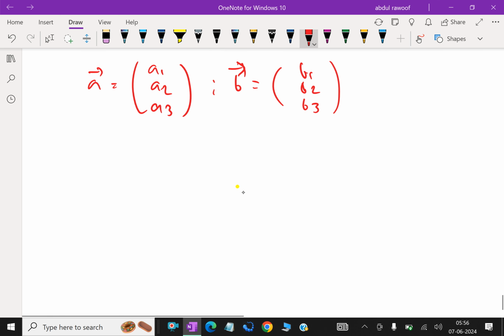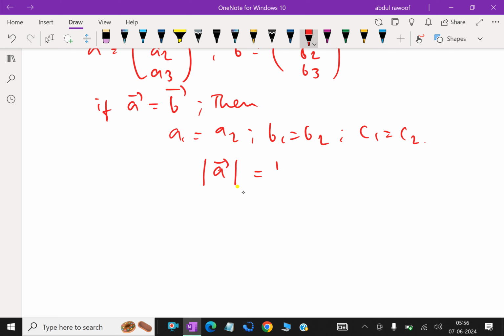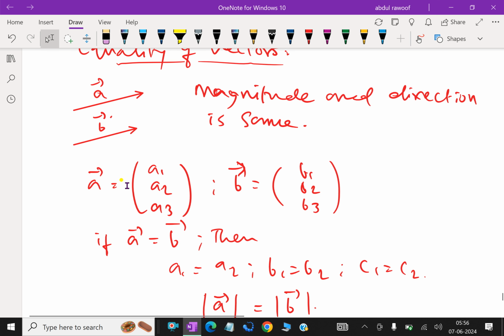Then you can say if vector A equals vector B, then A1 equals B1, A2 equals B2 and A3 equals B3 as well, and the magnitude of vector A is equal to the magnitude of vector B. Now you can understand that if two vectors are equal, their magnitude and direction are the same.